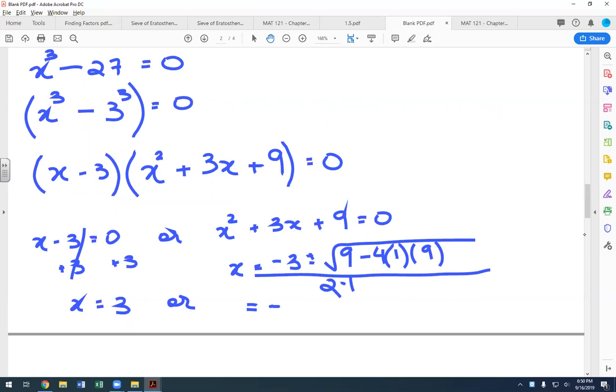It's going to be negative. You're actually going to get imaginary numbers from this part. What is 4 times 9? 36. So 9 minus 36 will be negative 27. Yeah, you're actually going to get negative 27.